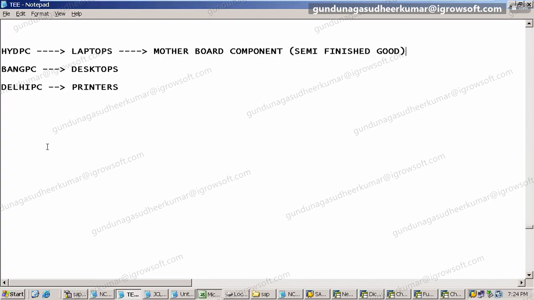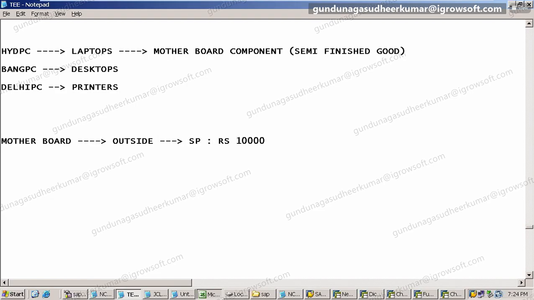Now just understand, we are selling this motherboard to the outside market also. Outside people also we are selling to. To outsiders, suppose we are selling it for 10,000 rupees. This is the selling price to outside people.